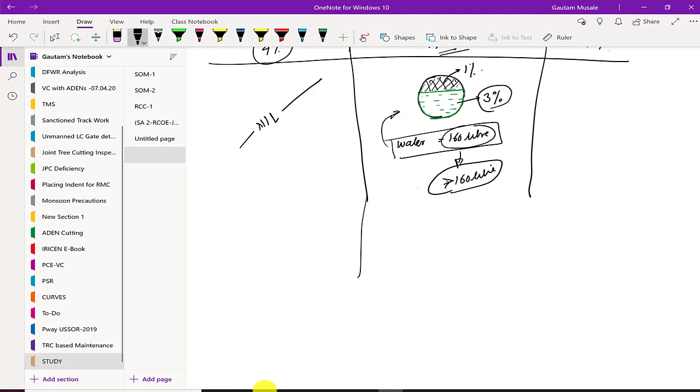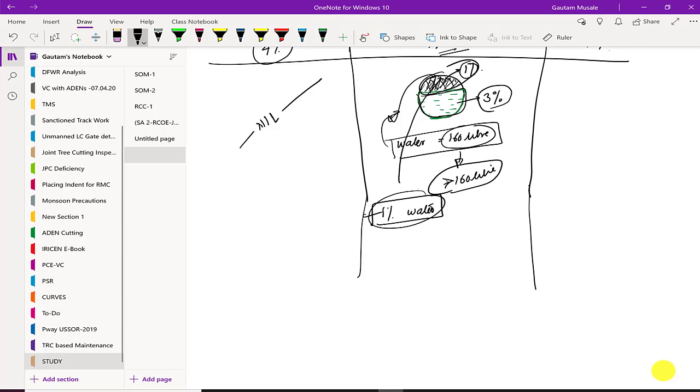Let us calculate it. This is 1%. It has absorbed 3%, and 1% is still left, so I have to add 1% of the water. How to calculate that? Let us see now. So 1% of the water you will have to add to the system, and when you add the water, corresponding changes have to be incorporated in the weight of the aggregates.